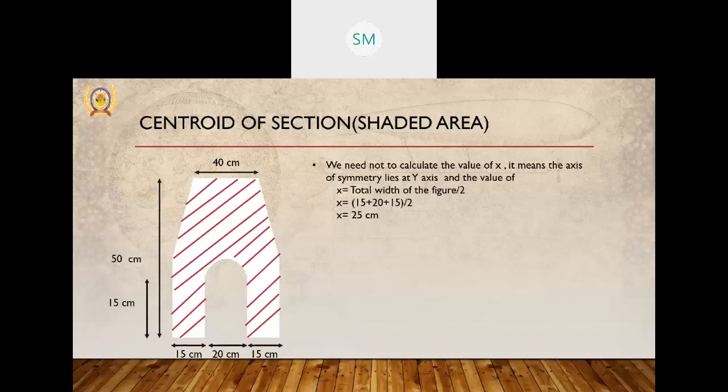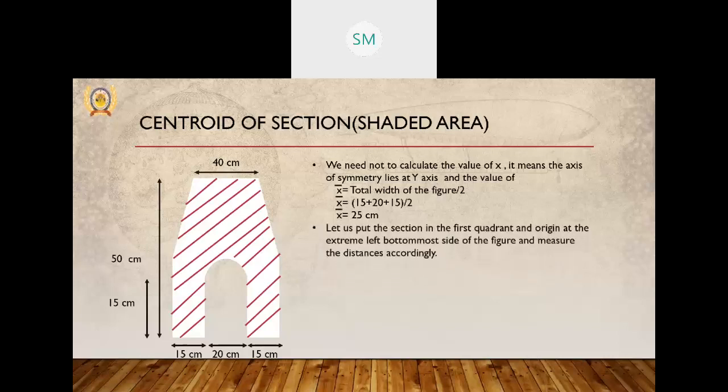Putting the figure in the first quadrant of the Cartesian system, x will be taken positive and y will be taken positive. So we are taking x as the bottommost side of the figure and y as the extreme left side of the figure. So putting the section in the first quadrant, we divide the figure into two parts.